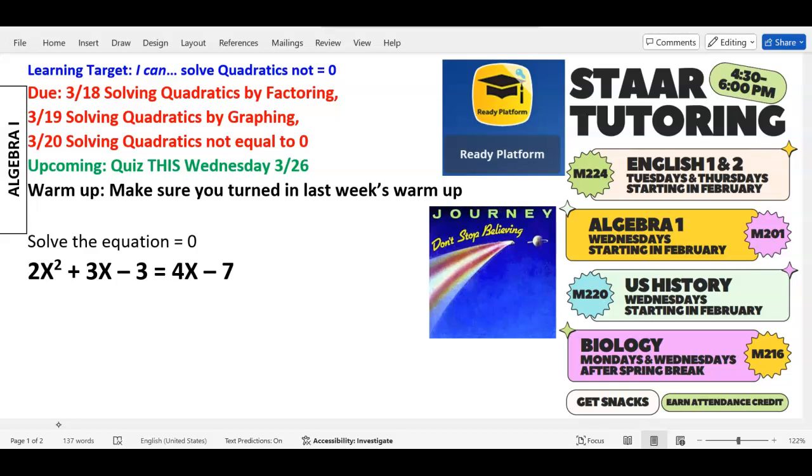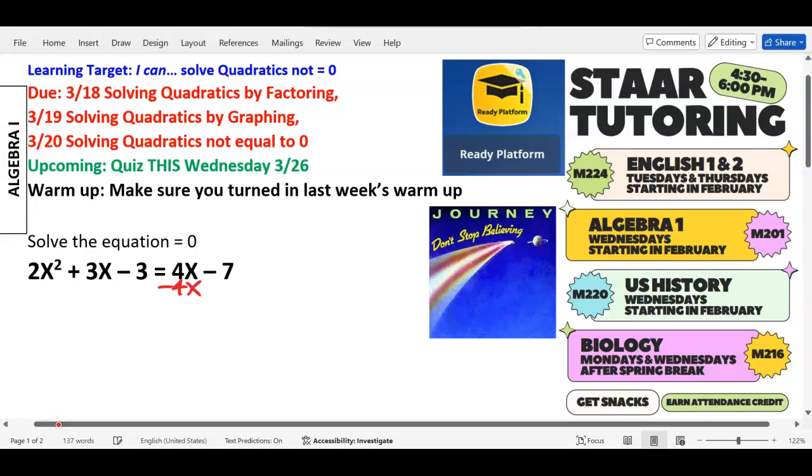Last week we got practice on this, but you got to know how to get your equation equal to 0, right? So let's do that. This equation on this warm-up is not equal to 0. It's equal to 4x minus 7. So we need to get rid of 4x and minus 7. So the opposite of a positive 4x is a minus 4x.